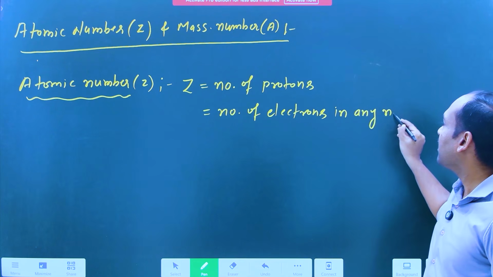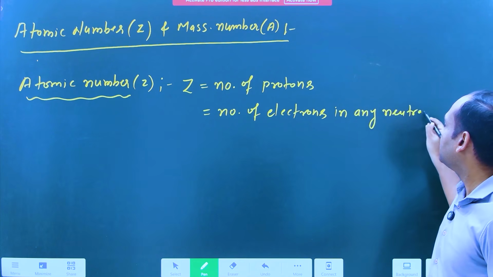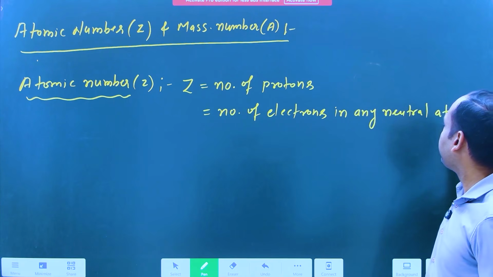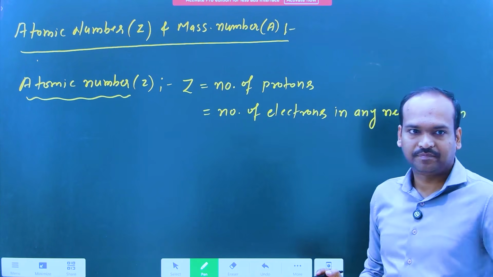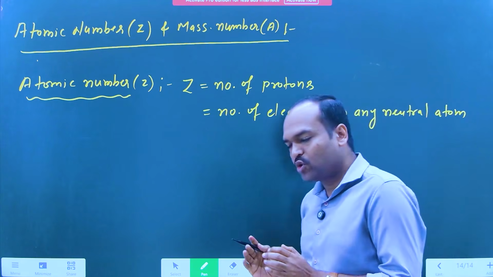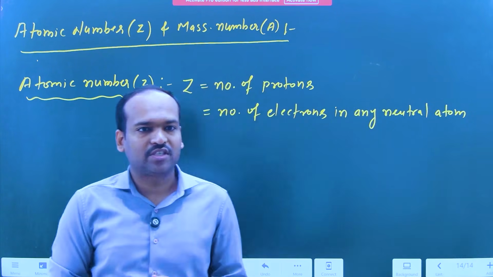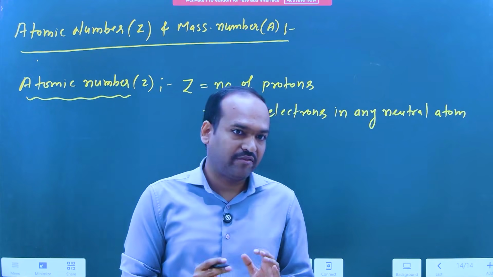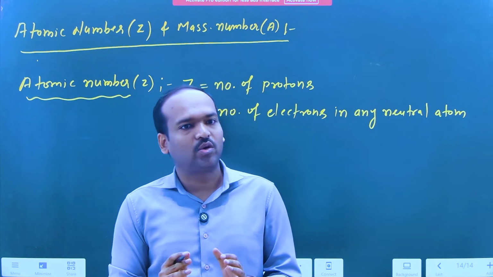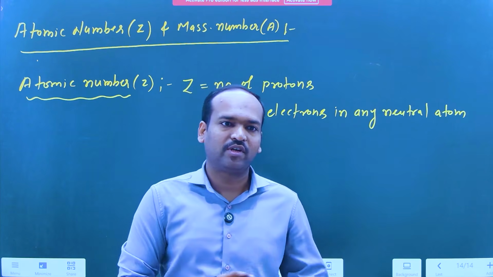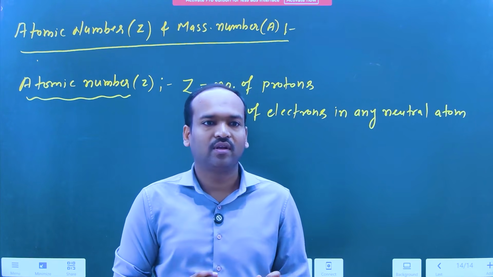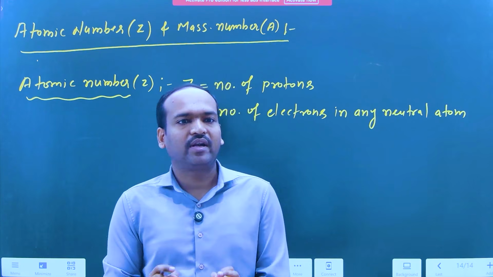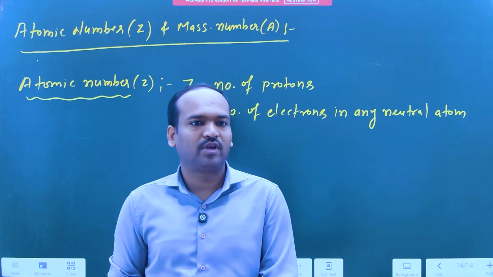If the atom is neutral, then the total number of protons in the nucleus equals the total number of electrons. That's why it is electrically neutral.